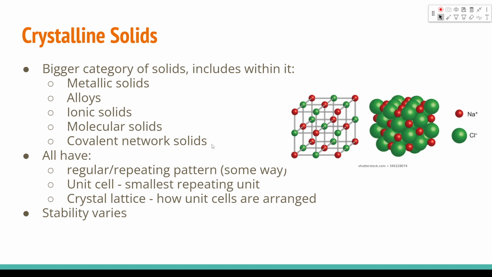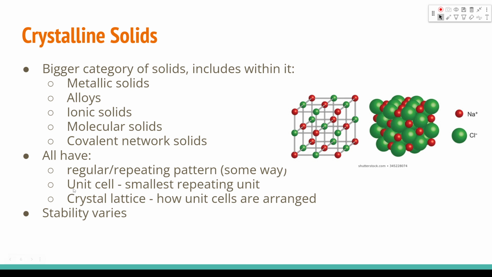Covalent network solids are covalent bonds. This is stuff I've already mentioned previously. All of these have some kind of regular repeating pattern. Not hardcore, but there are some patterns to it. For molecular solids, for example, there are partial negative and partial positive sides, and so those are going to have somewhat of a pattern, not a perfect pattern, versus ionic like this.